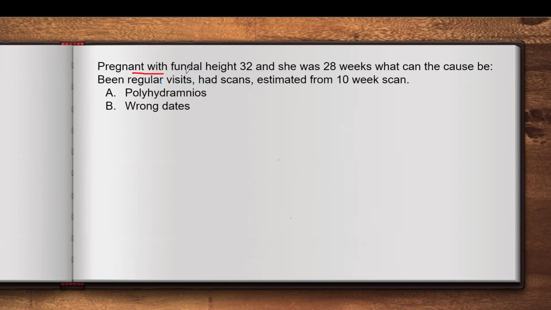Pregnant female with fundal height 32, and she was 28 weeks pregnant, what can be the cause? Been regular visits, had scans estimated from 10 week scan, polyhydramnios or wrong dates. So there are a lot of causes of why there can be an increased fundal height.